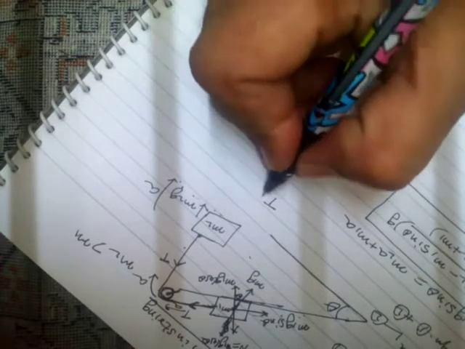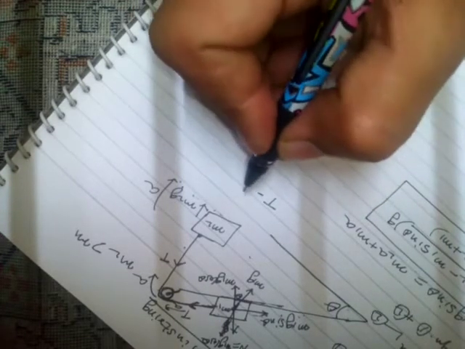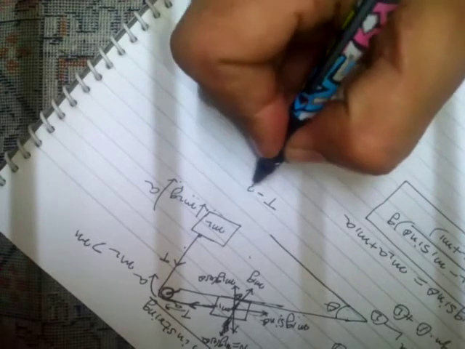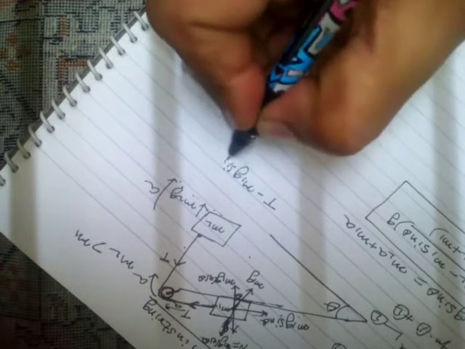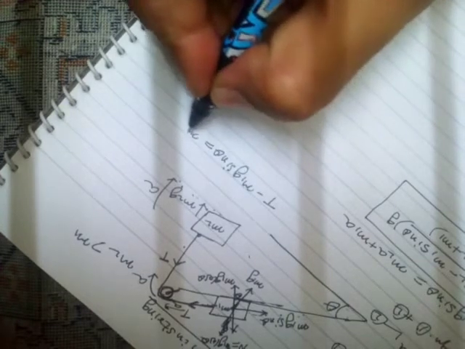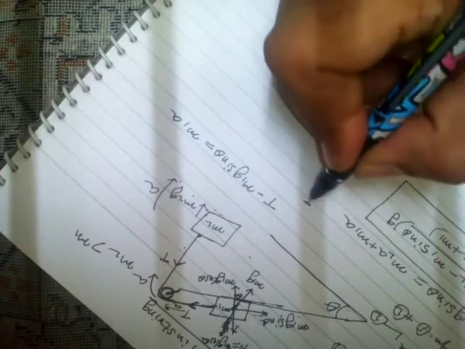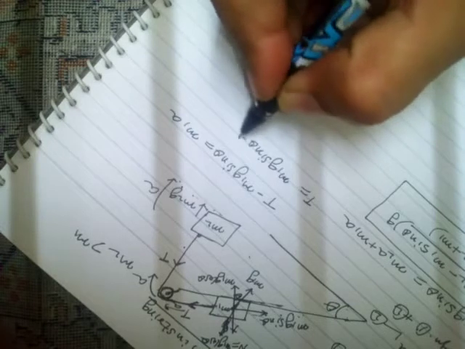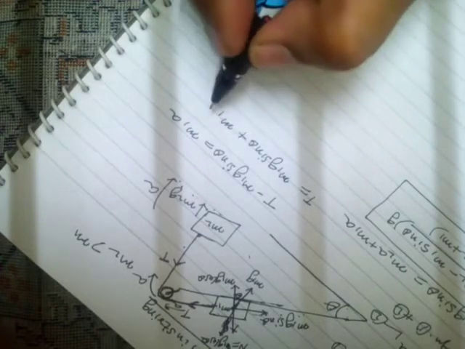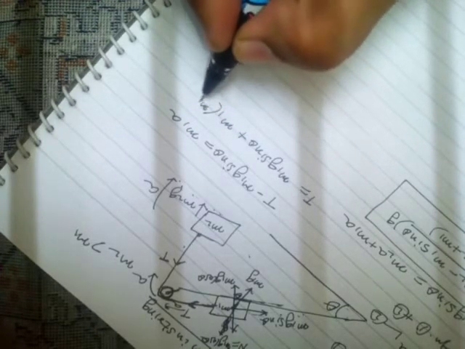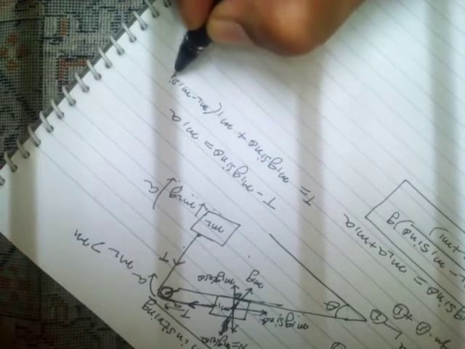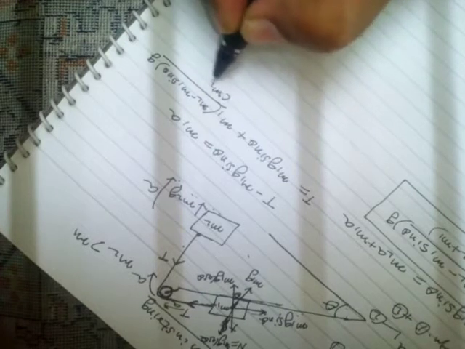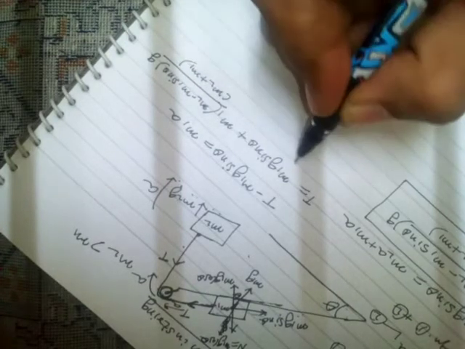We are putting it T minus m1g sin theta equal to m1a, or T equal to m1g sin theta plus m1, put the value of a, m2 minus m1 sin theta, g upon m2 plus m1.